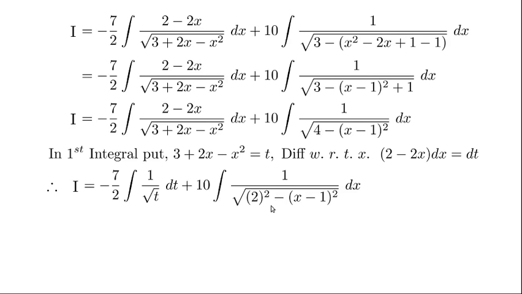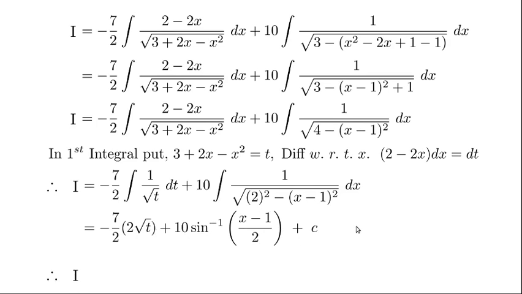And this is in the form of 1 upon root of a square minus x square. Integration of 1 upon root of a square minus x square is sine inverse of x by a. So it becomes minus 7 by 2 times 2 root t plus 10 times sine inverse of x minus 1 upon a, which is 2, plus c.